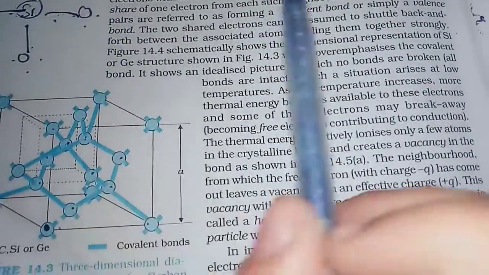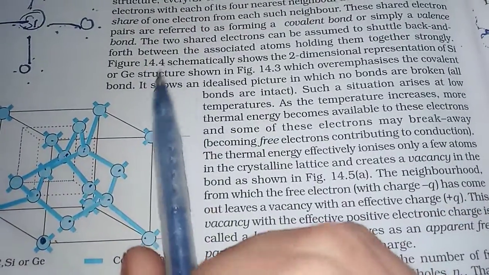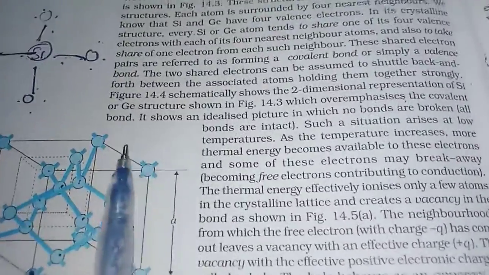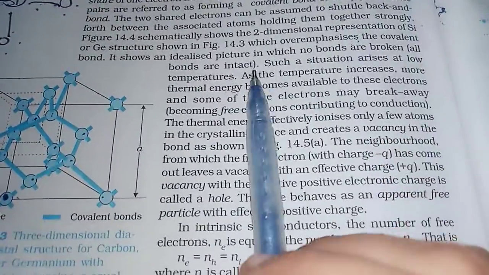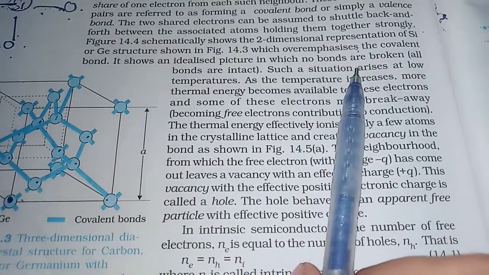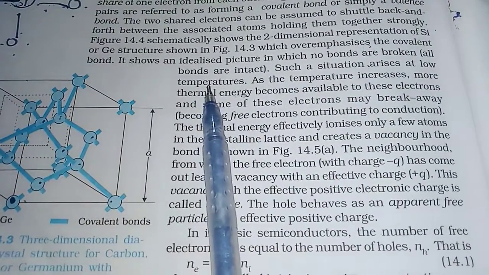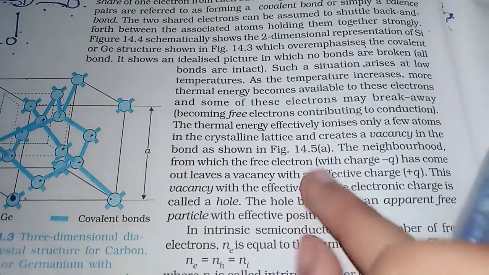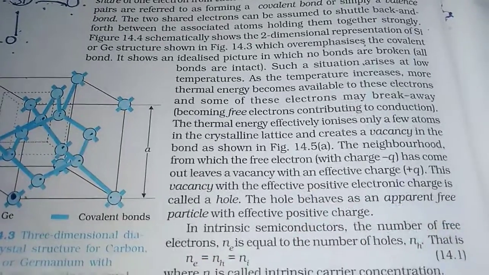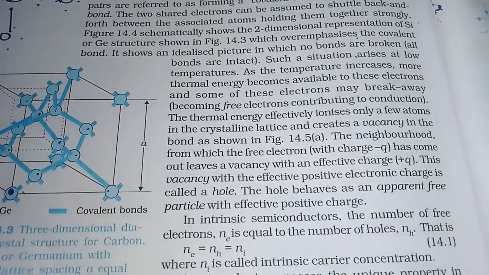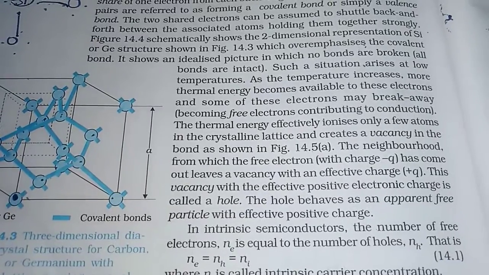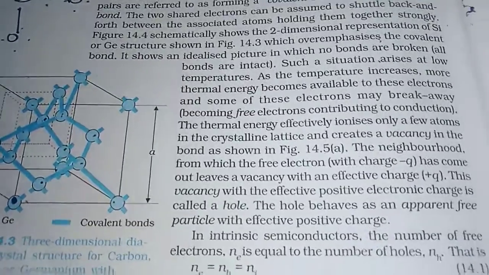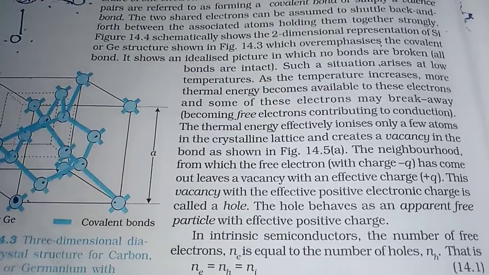Figure 4.4 on the next page will show you a 2-dimensional representation of silicon, which I have shown you. A similar structure is there. This situation arises at low temperature. When the temperature increases, thermal energy will be more, and as more energy is available, some of the electrons may break, become free, and start conduction.